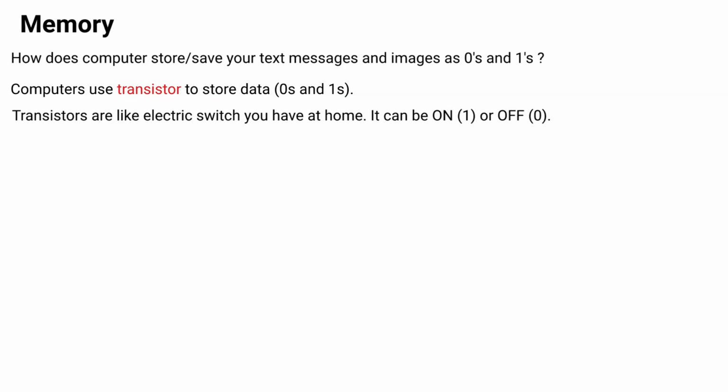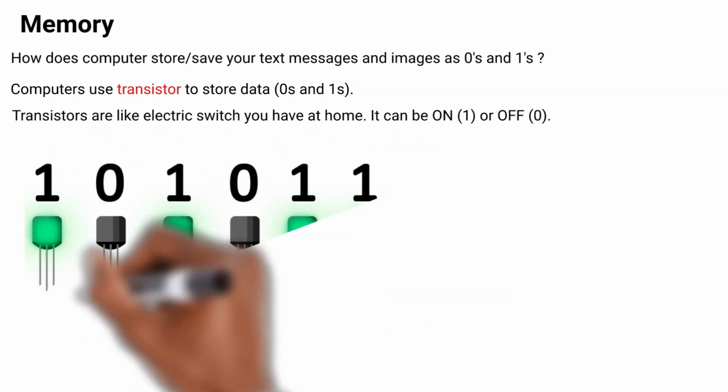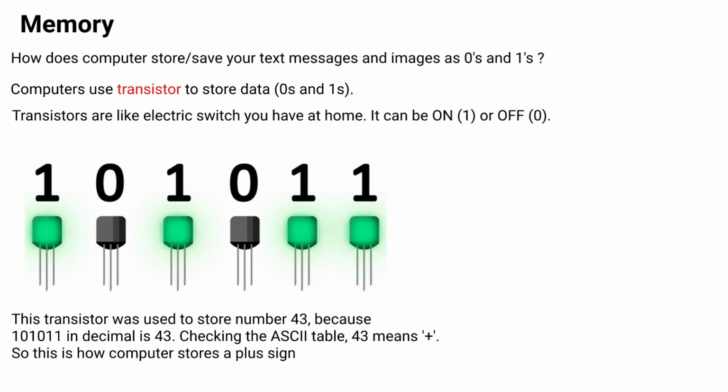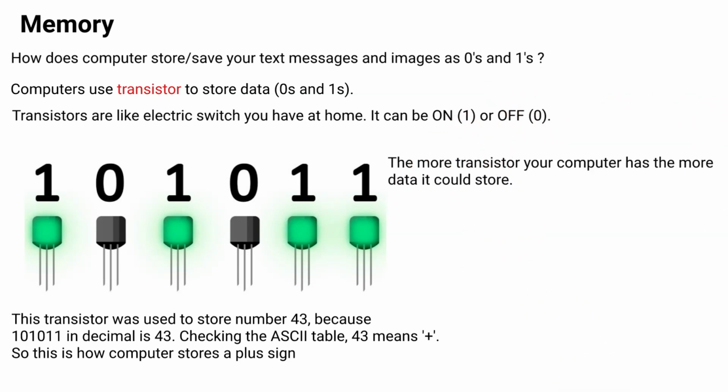A transistor can either be on or off, and your computer has lots and lots of transistors, right? Your computer uses the transistors to store data. For example, you see I have 6 transistors here, and it's 101011, right?